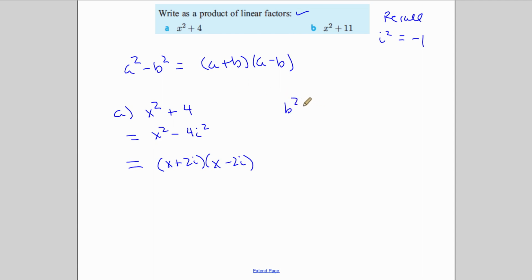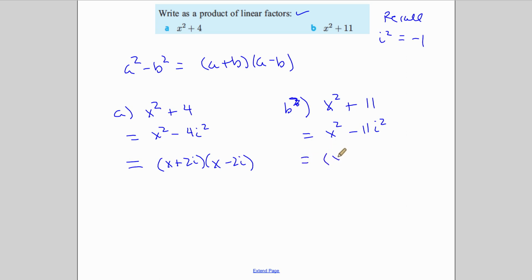Same idea, part b. Now, 11 is not a perfect square, but we are not afraid of that. We can rewrite that as x squared minus 11i squared. Again, -11 times -1 is +11.